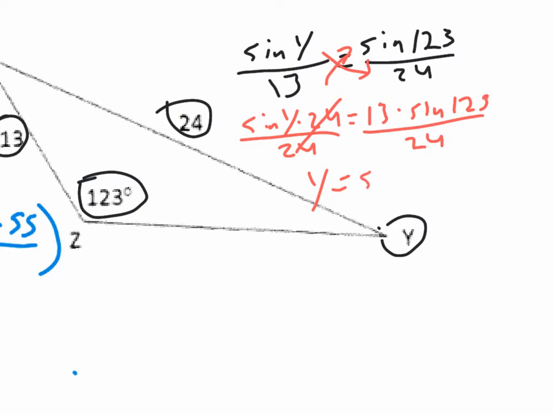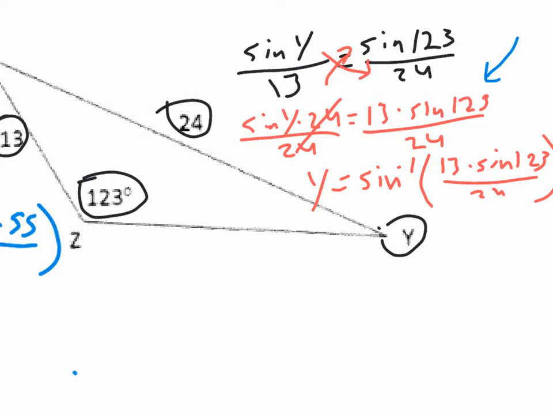So you'll have y, since we're finding an angle, we're sine inversing both sides. 13 times sine 123 over 24. Again, you can type all of this into your calculator at once, or you can do it piece by piece, whatever allows you to successfully complete it.